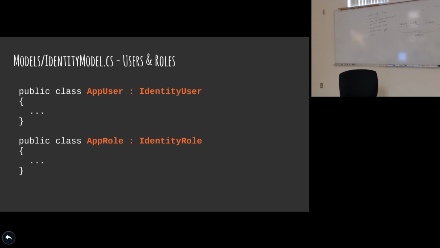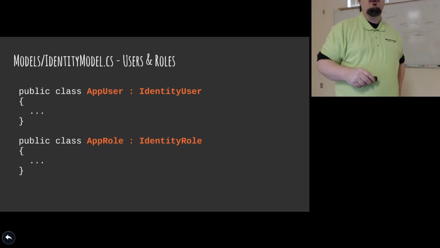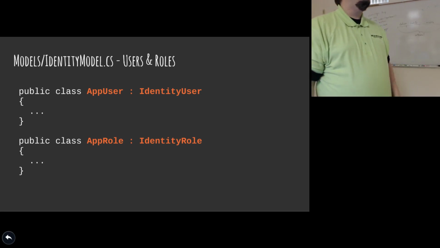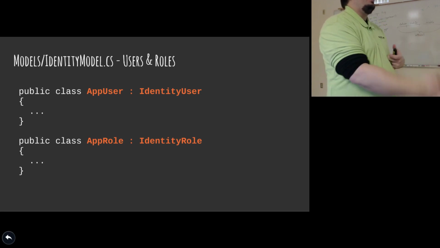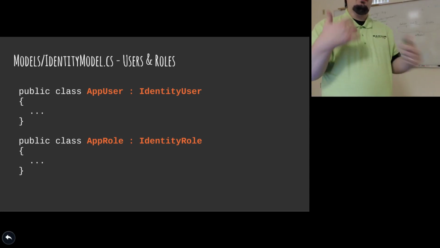So we've got a subclass of identity user, we call it application user. We would also add an application role, which would be a subclass of identity role once we get into roles. And in the same fashion, we don't actually have to add anything inside there, we just need to create a subclass.